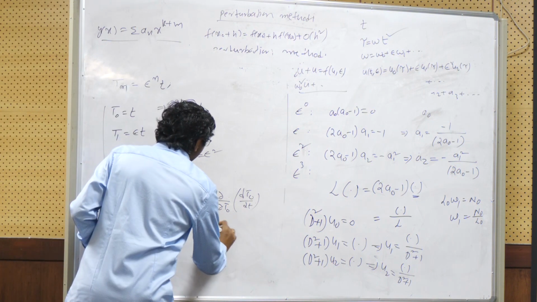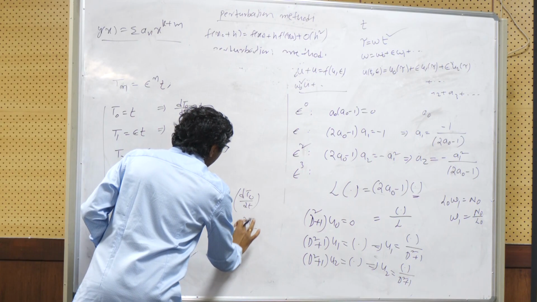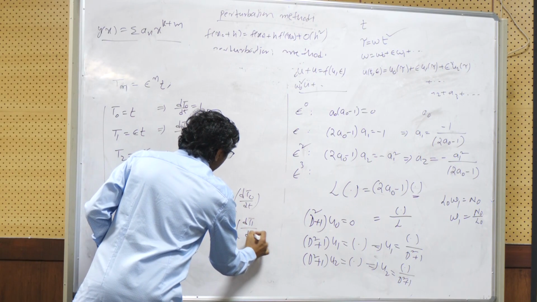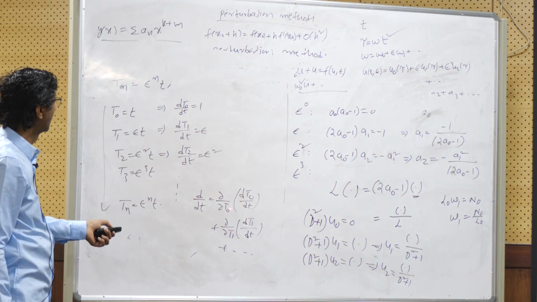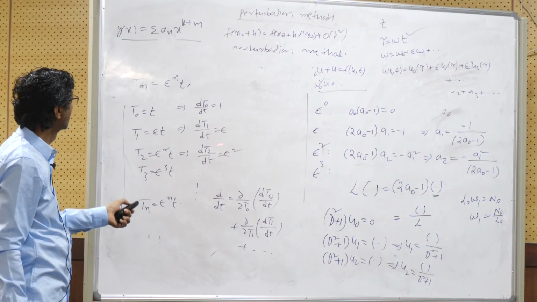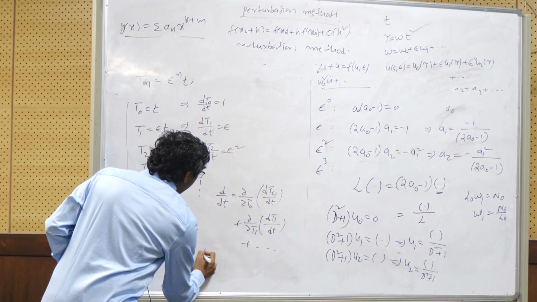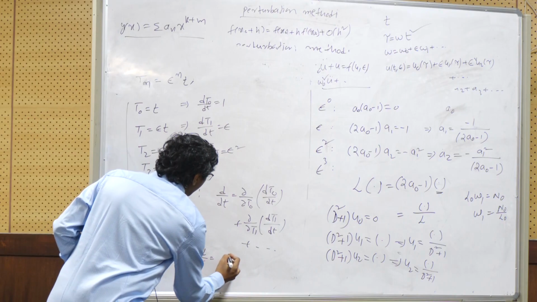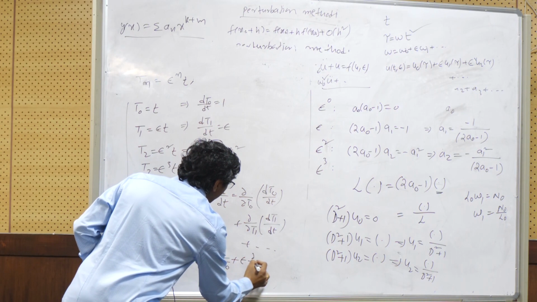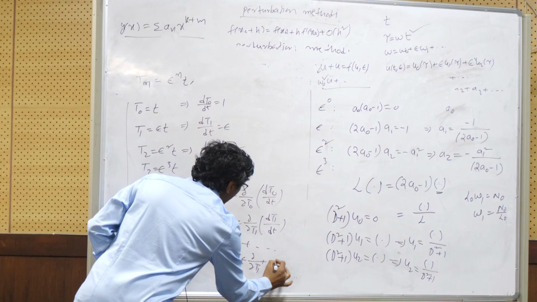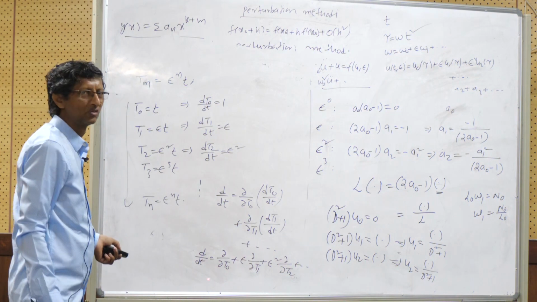Plus you take another one, dou by dou T1 times dT1 by dt, and so on. According to this, this is 1 and this is epsilon and so on. It means finally your d by dt is equal to dou by dou T naught plus epsilon dou by dou T1 plus epsilon square dou by dou T2 and so on. So we get it this way.